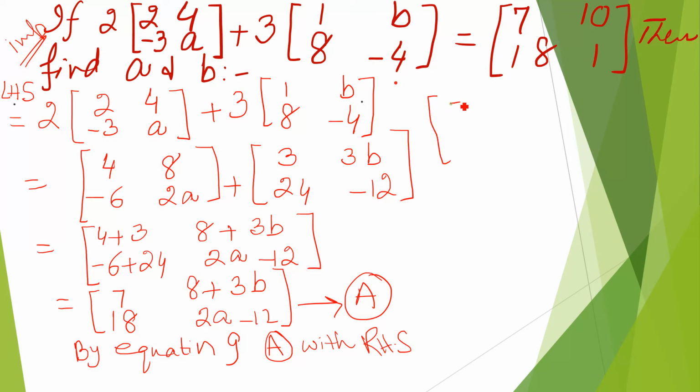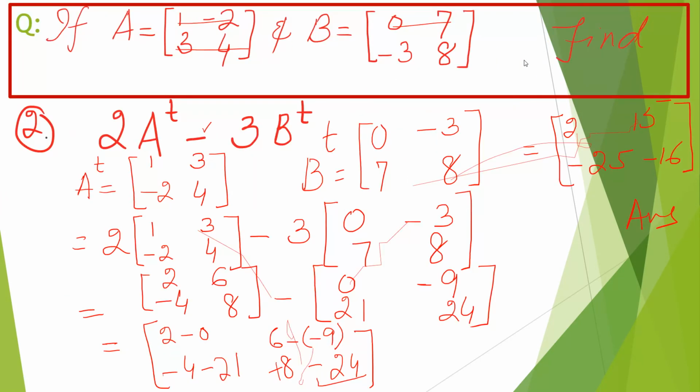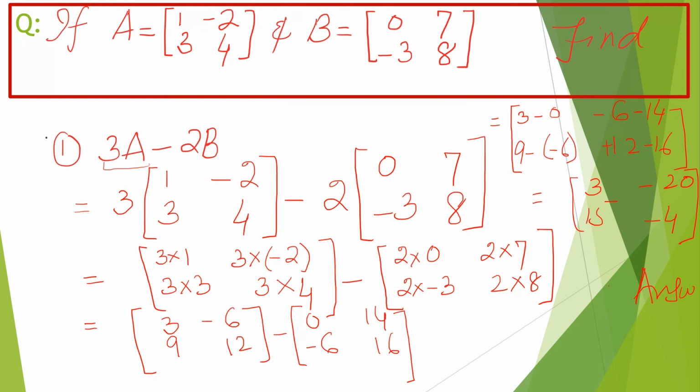I will do it here: 7, 18, 8 plus 3b, 2a minus 12, is equal to the right hand side matrix. Because this is not plus and minus, we are equating, making equations, this and this, right? Okay, so here we have to find the value of a and b.